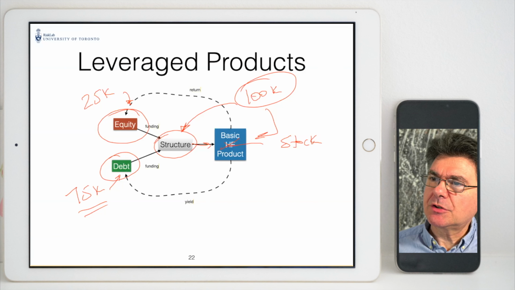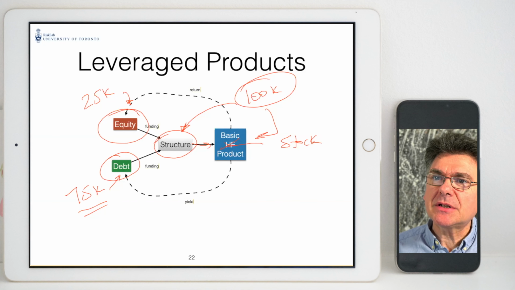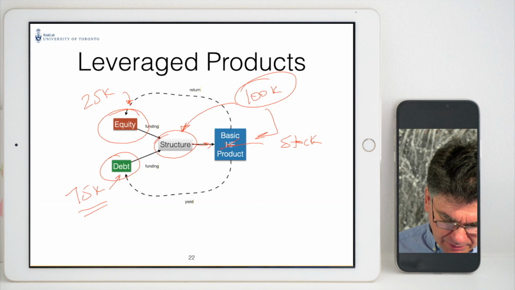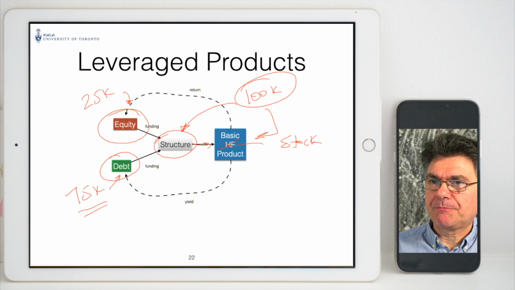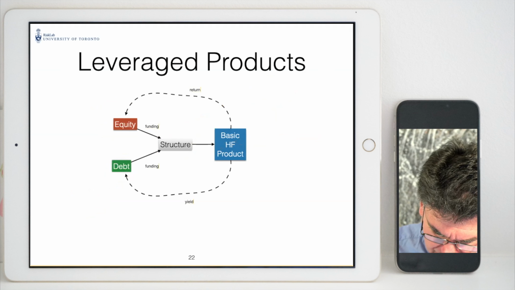Is that a good thing to do or not? It depends. What return do we get from the investment, and what interest rate do we have to pay for the debt? These are the two things that we need to know. So let's do a very quick calculation.